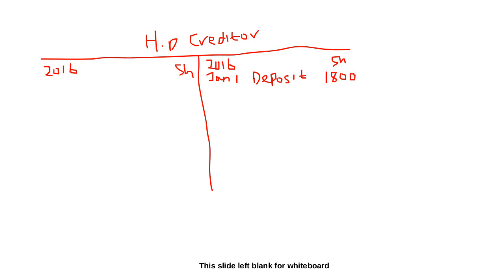Then we have the amount of bank installments. The installments were paid by May, so we have May 31st installments.